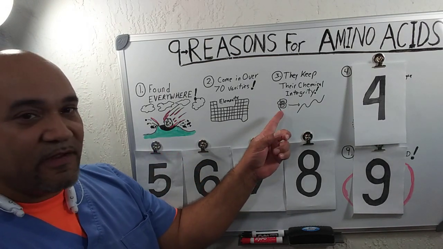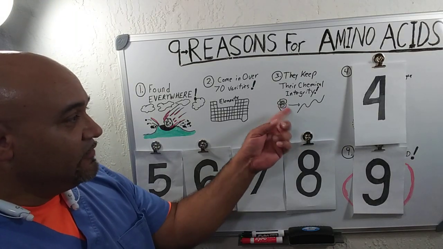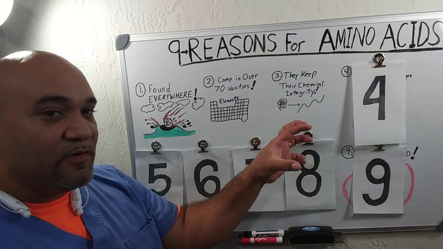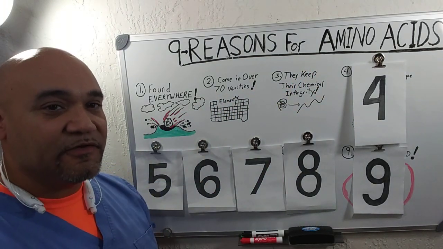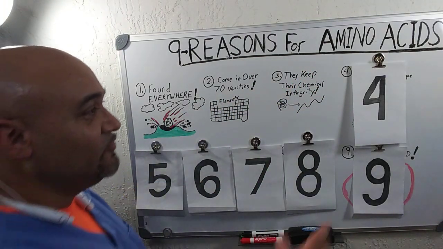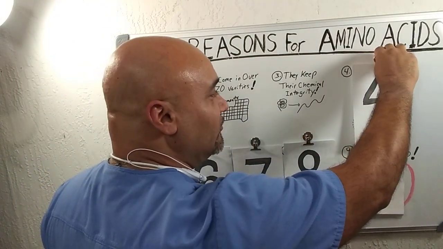But in amino acids, you don't have that problem. They can wrap up into any shape, react with their components, and when you apply a different pH, they unravel and they maintain their shape and their chemical composition. That is extremely, extremely useful for life.